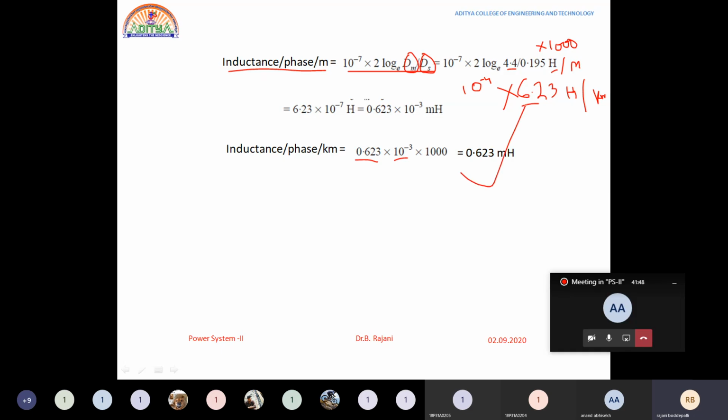So you will be getting 0.623 millihenries. What is milli? 10 to the power of minus 3. This is how you get millihenry per kilometer. Actually, inductance per phase per kilometer in terms of millihenries we have got is 0.623.